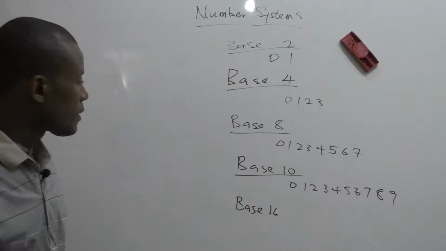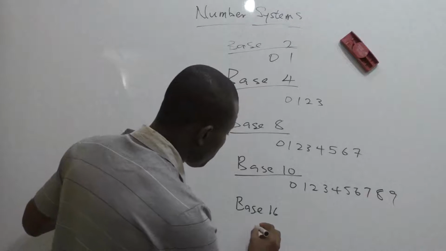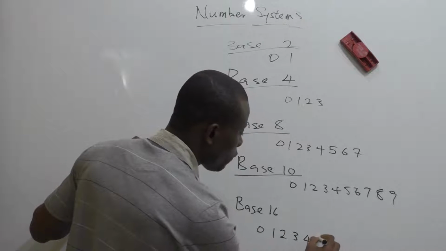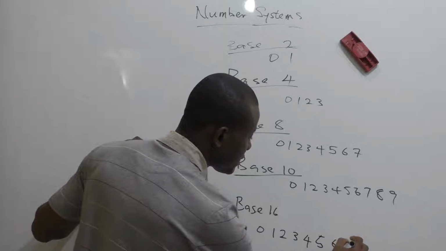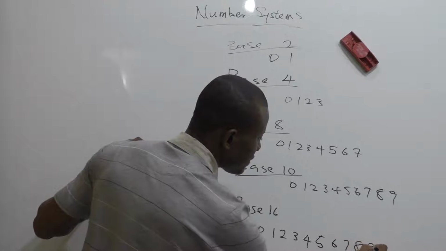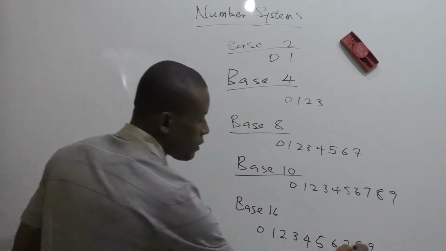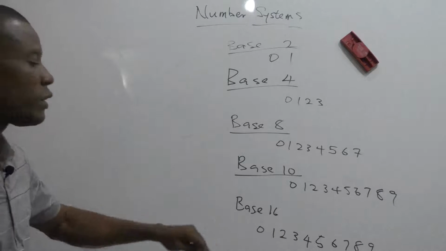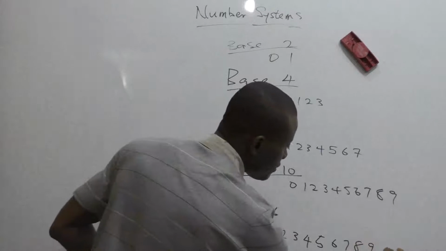No. So see the figures making up base 16: 0, 1, 2, 3, 4, 5, 6, 7, 8, 9. Because in number bases you can't have two figures at the same time, so you can't have 10.